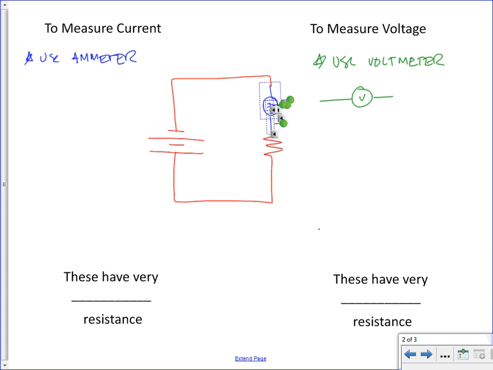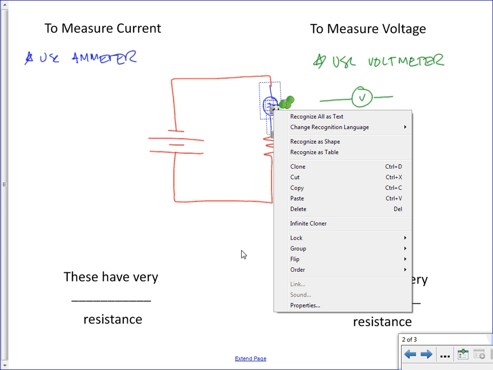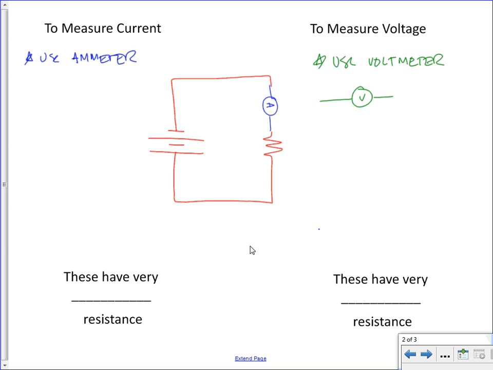So that's the proper orientation of an ammeter. And if you notice, this ammeter is connected in series with the circuit element we want to measure current through.